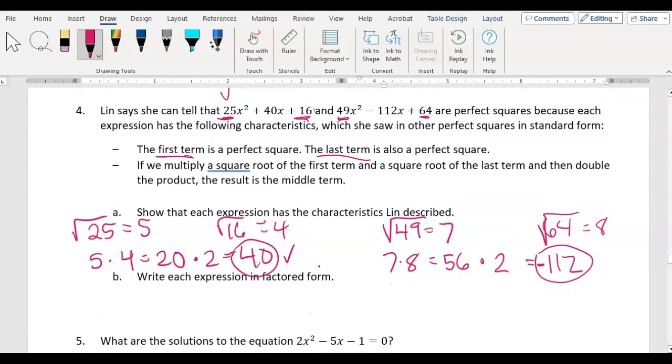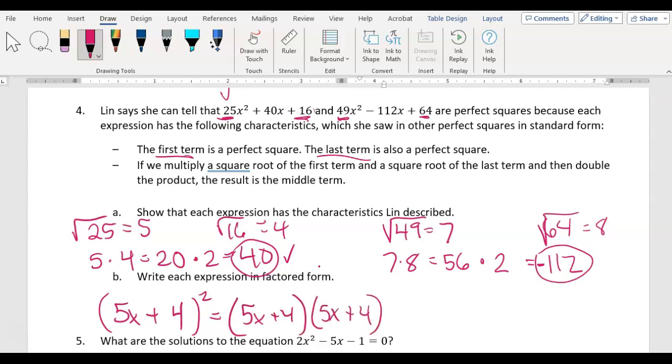So if we know that they're perfect squares, then we can look at the first and last term to help us create our perfect square. Now, remember that this is the same as 5x plus 4 times 5x plus 4. And so if I write this, I'll multiply 5 times 5 is 25x squared, plus 20x plus 20x is plus 40x, that's our middle term, and then 4 times 4 is 16, our last term.